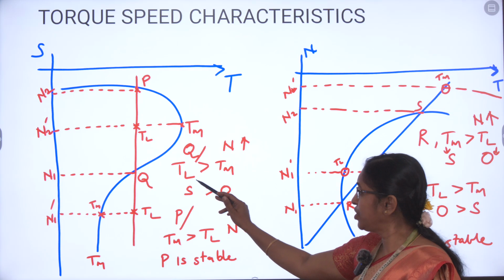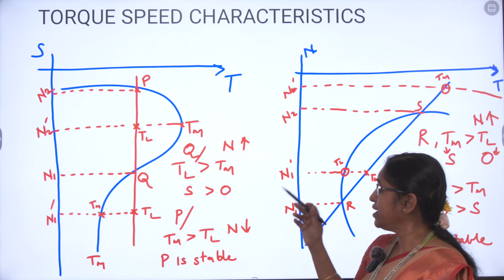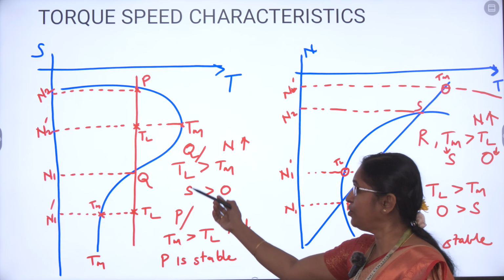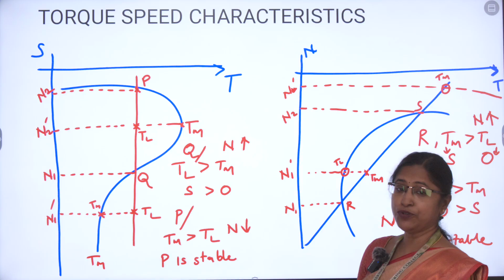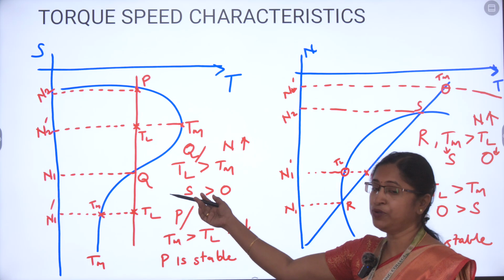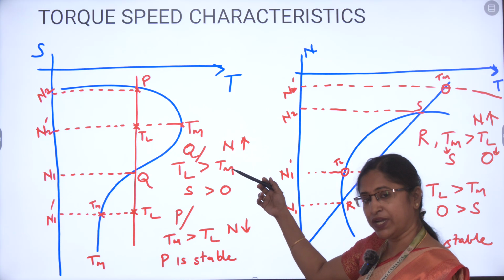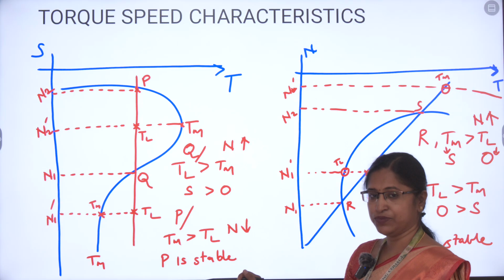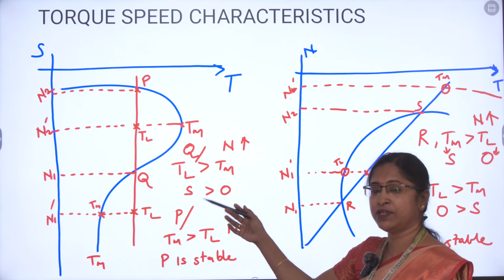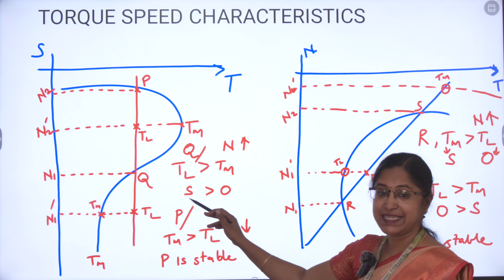Since the supporting force is greater than the opposing force, it will try to run at the same speed N1 dash, but it will not move back to N1. That means your speed will keep on accelerating and will not reach the previous value. So Q is not a stable point, because your speed keeps on changing whenever there is a disturbance. So Q is an unstable point.